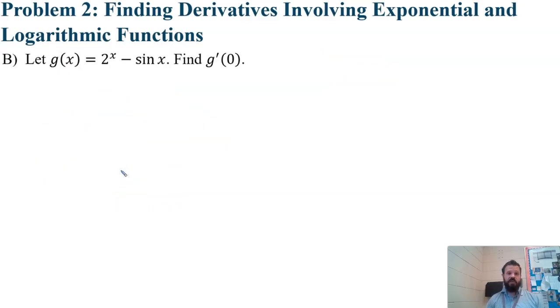Let's go ahead and run through another one of these together. Same question, let g of x equal 2 to the x minus sine of x. We want to find g prime of 0. So g prime of x will be equal to the derivative of 2 to the x. A minute ago we said that d over dx of a to the x is equal to a to the x times the ln of a.